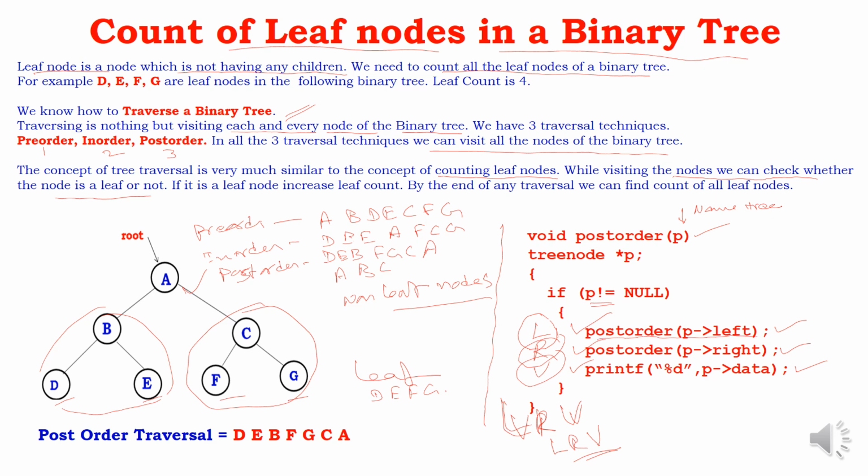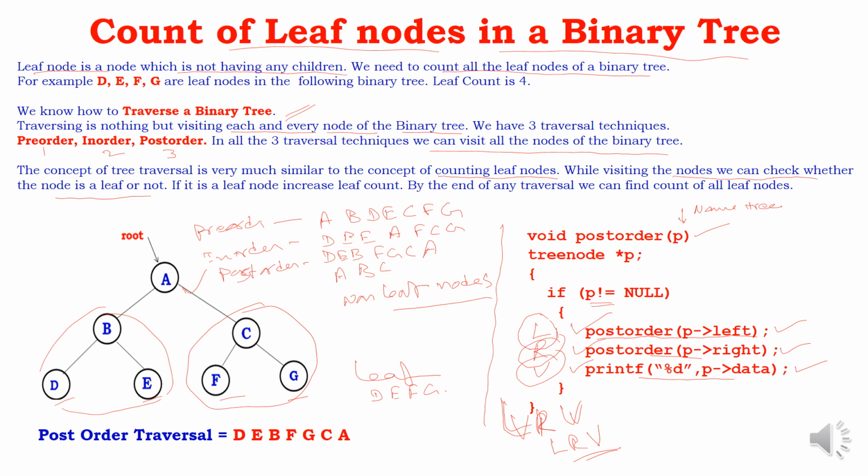If P is the root node, the left subtree will be traversed in post-order. Then the right subtree will be traversed in post-order. After completing the traversal of the left and right subtrees, we visit P data, printf P data.